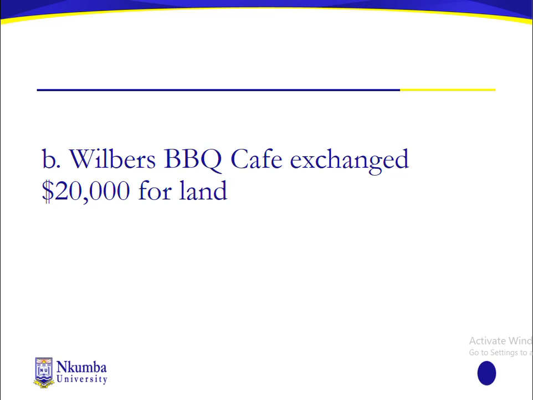Which account? Good, it is coming from the bank account. So we are going to credit the bank account by 20,000 and debit another asset account called land by 20,000.